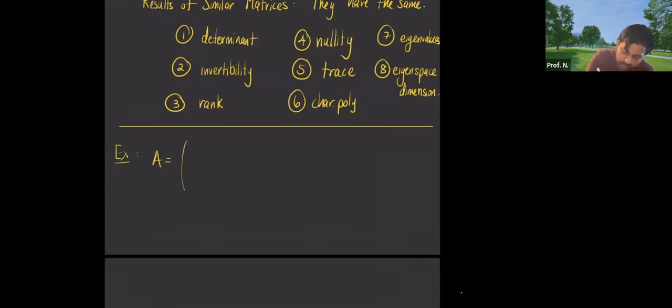So if A is the same matrix that we had, 0, 0, -2, 1, 2, 1, and 1, 0, 3, right? Let's say I want to find A to the 5th.